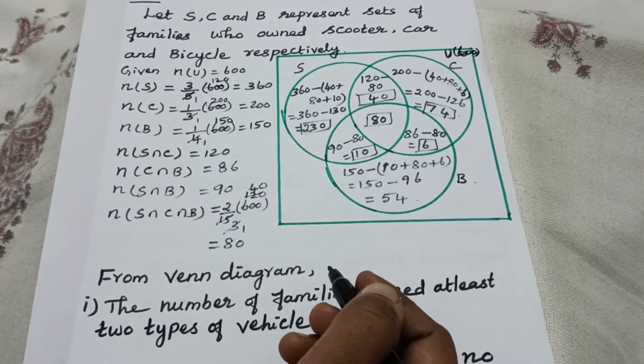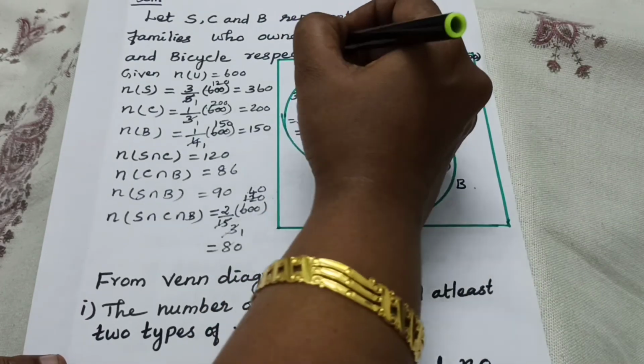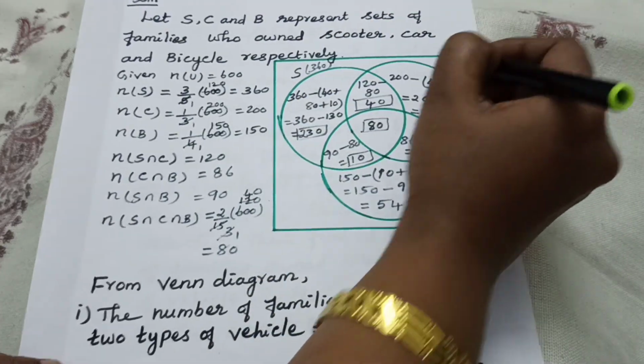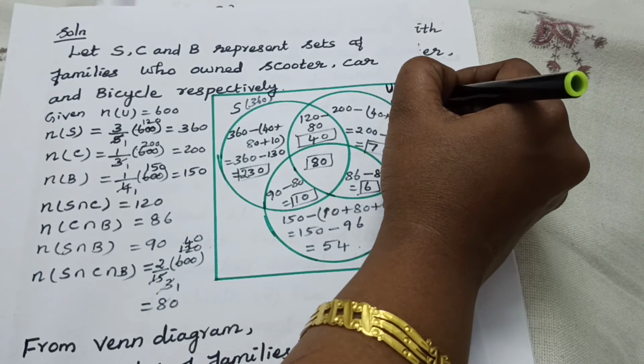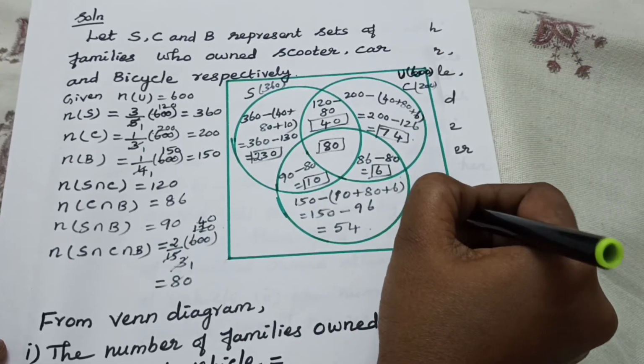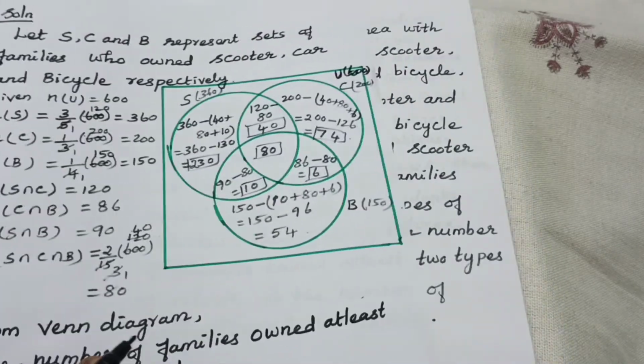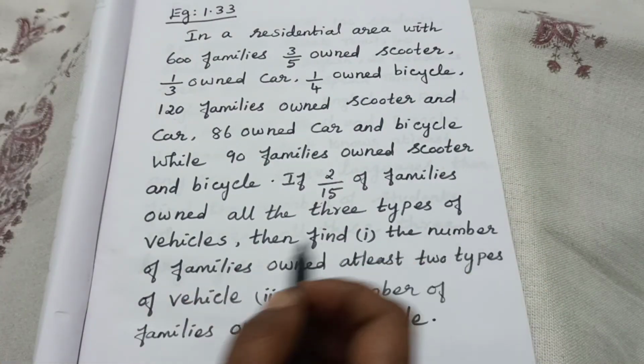Okay, 54 we will get. Here this one scooter, how many of them are using? 360. Then car, how many of them are using? 200. Bicycle, 150.